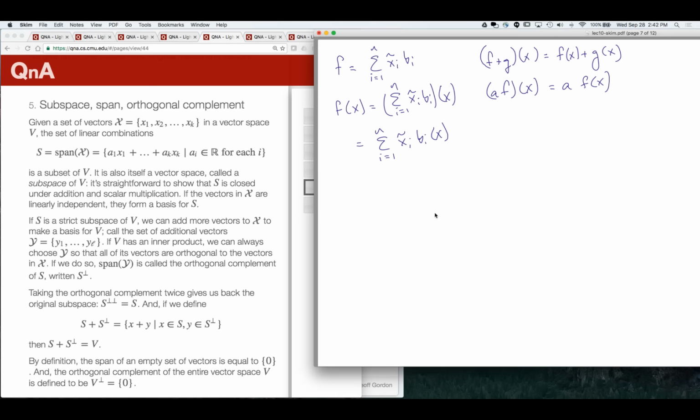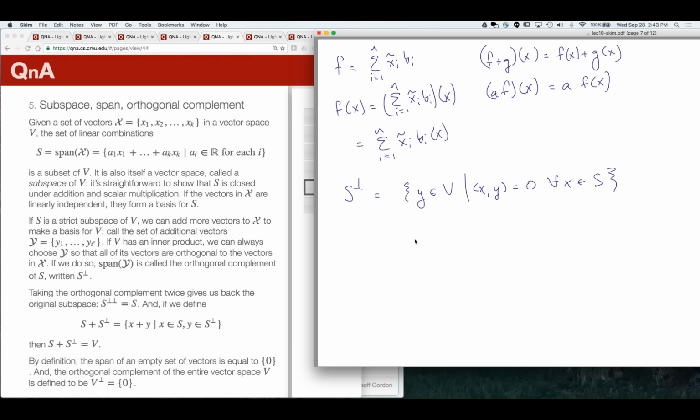So let me write that, right? Another way of defining the orthogonal complement of S is the set of y in our original vector space such that x inner product with y is equal to 0 for all x in S. So that's one way to define the orthogonal complement.